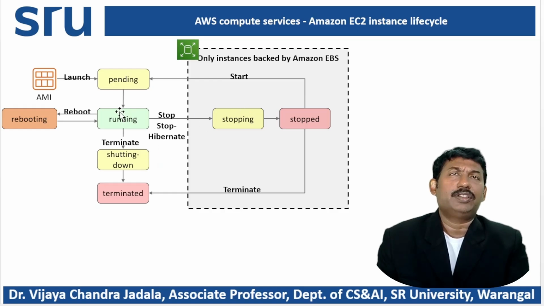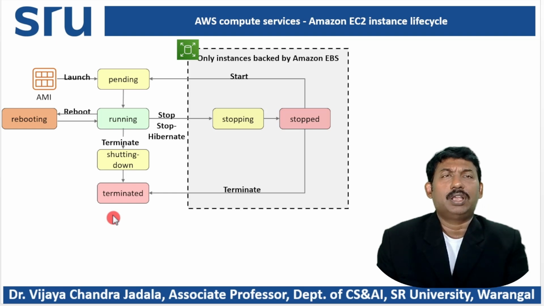There are three different stages: running, stopping and stopped. Once it is stopped, it comes to the terminated stage. After stopping, you have to go for terminated. It means you are going to delete the instance, with no further storage in EC2 related to that particular instance.